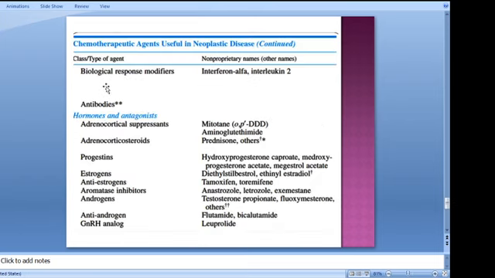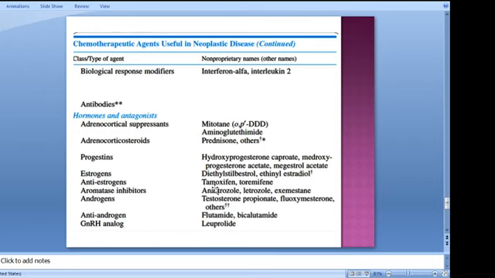Then interferons like interferon alpha, and antibiotics. Then hormones, which include adrenal suppressants like aminoglutethimide, adrenocorticosteroids like prednisolone, progesterones like hydroxyprogesterone and medroxyprogesterone, and estrogens like diethylstilbestrol and ethinyl estradiol.